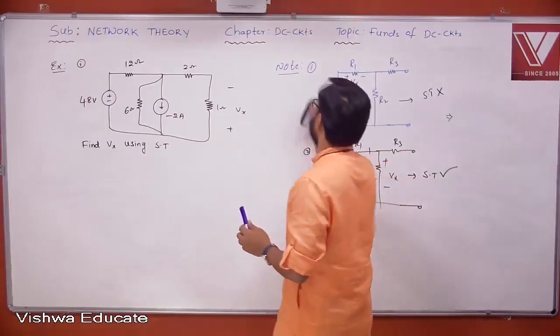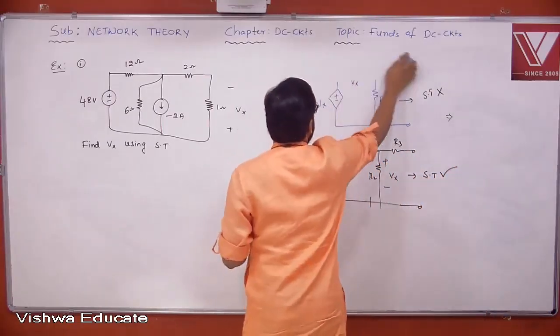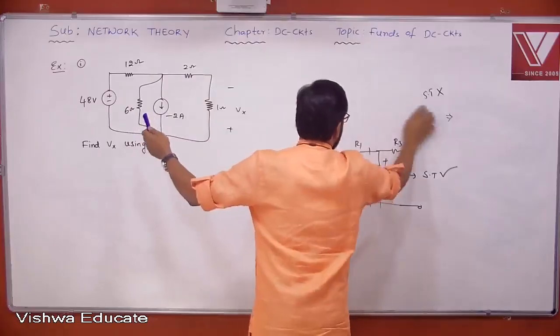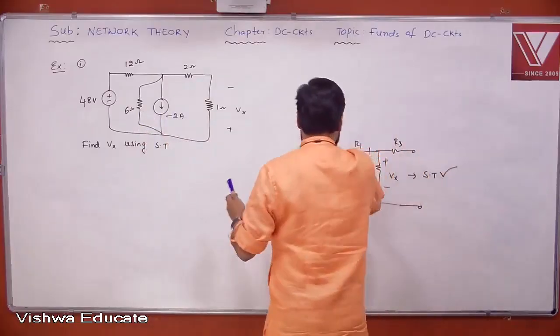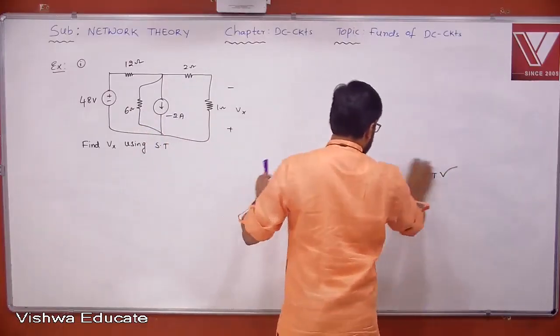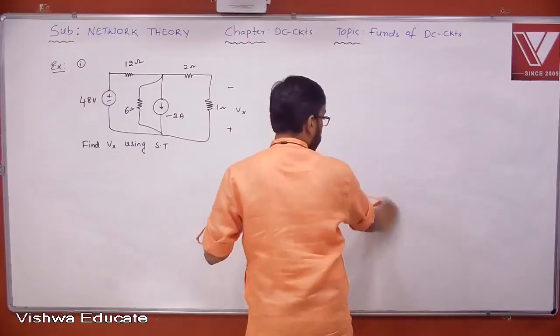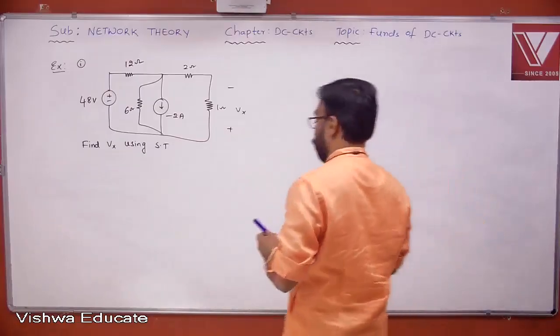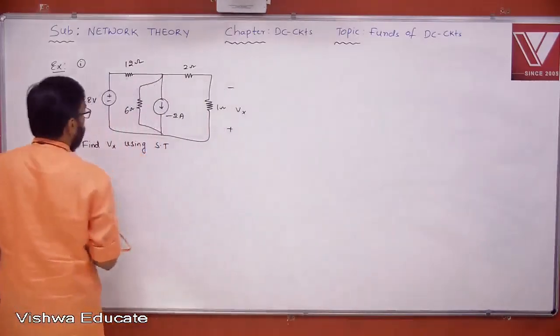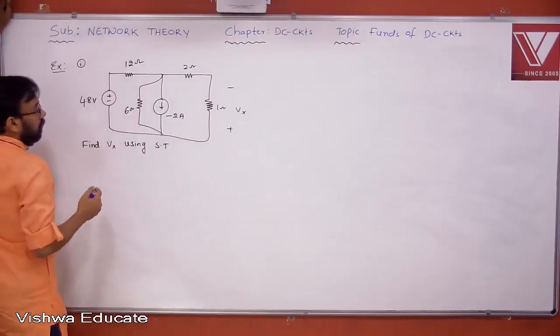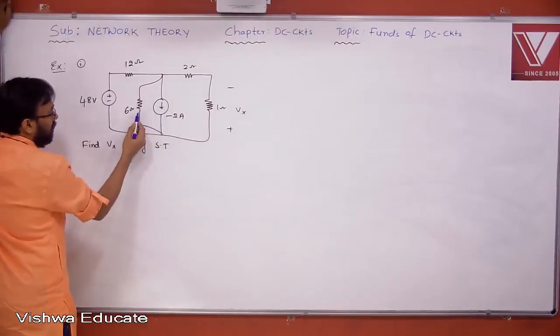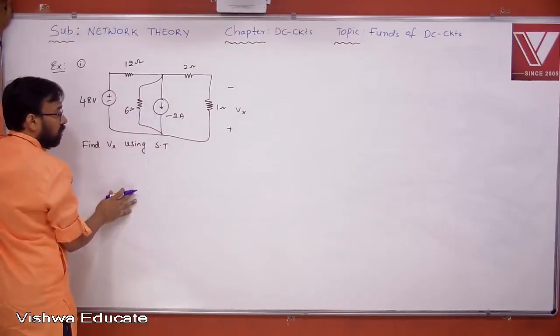So let us find. What will you do? Make an attempt. All of you, first note down that circuit and try to make an attempt. Okay? Now, a current source parallel resistor can be transformed into a voltage source.